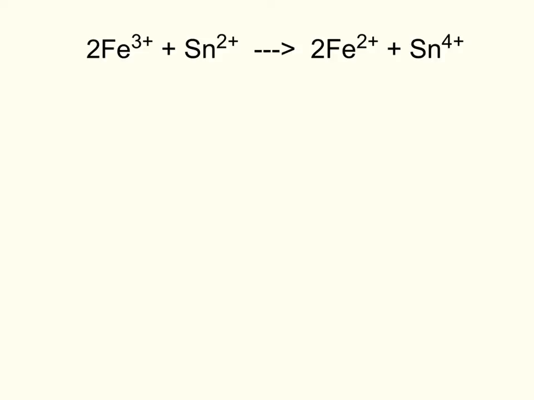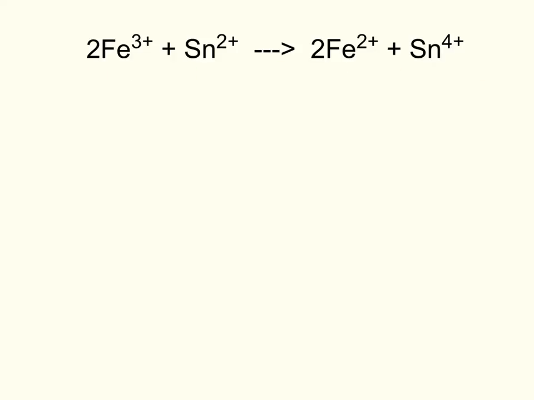Sometimes you can see the redox reaction written like this, the very bare bones of the reaction, because we are only interested in those species that changed their oxidation number. And we do not really need to know much about ions or elements that didn't change their oxidation number within this reaction.